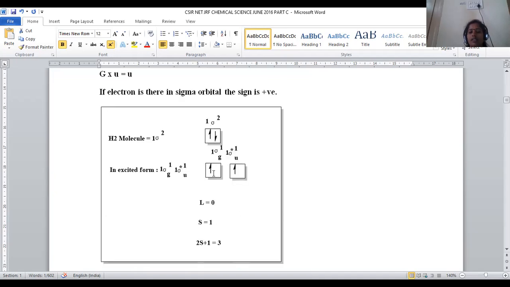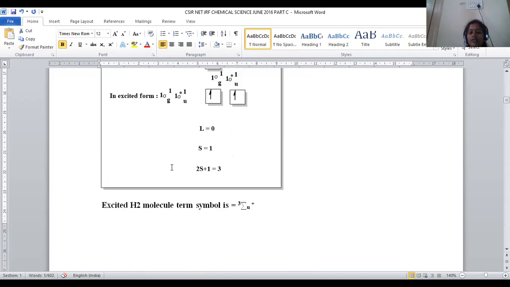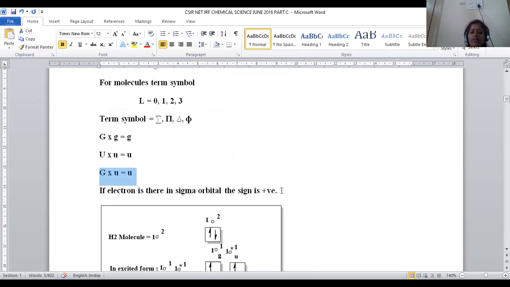Now, here one of the electrons is in the gerade orbital and another electron is in the ungerade orbital. Then gerade into ungerade, what is the final answer? Ungerade, right? So the subscript becomes U. U stands for ungerade, right? And plus. Why is the plus sign indicated? The plus sign denotes what? If electrons are present in either sigma bonding or sigma antibonding, that will always be denoted with a positive sign.